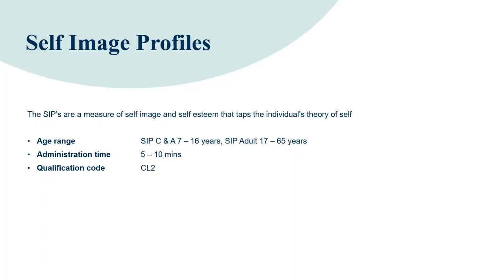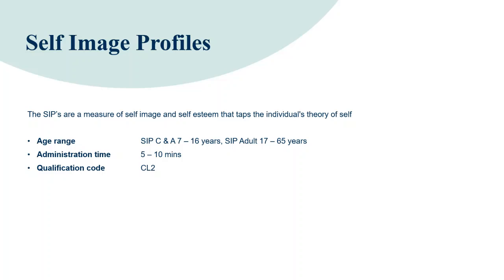Both have an identical format and scoring procedures, but have different item content appropriate for their age. Both consist of 25 familiar self descriptions, 12 of a positive nature, for example, happy, friendly, and 12 with a negative slant, for example, lazy or moody, and 1 item on sense of difference.